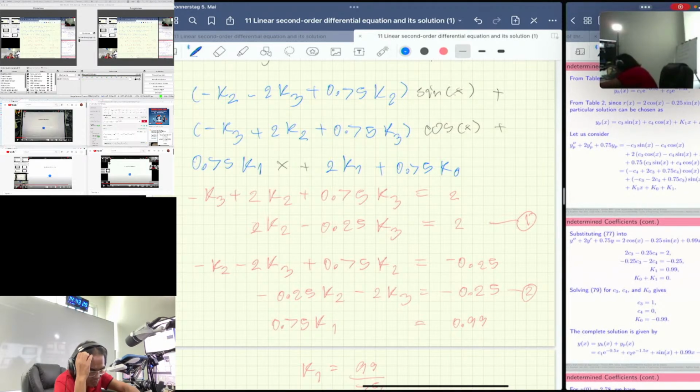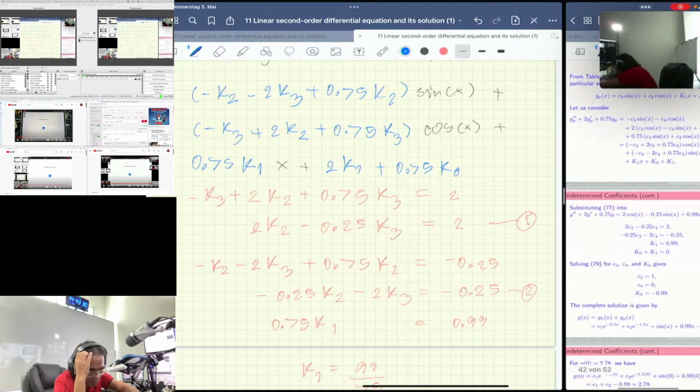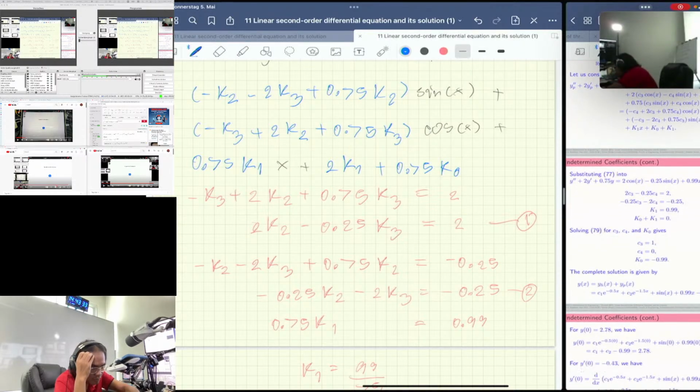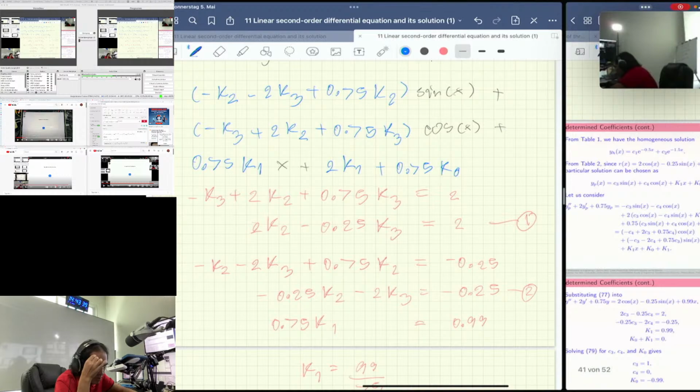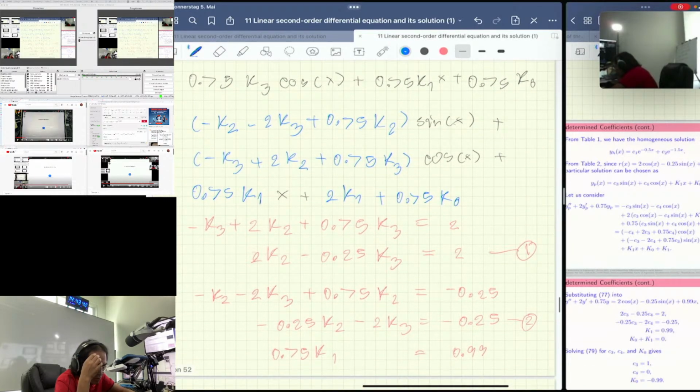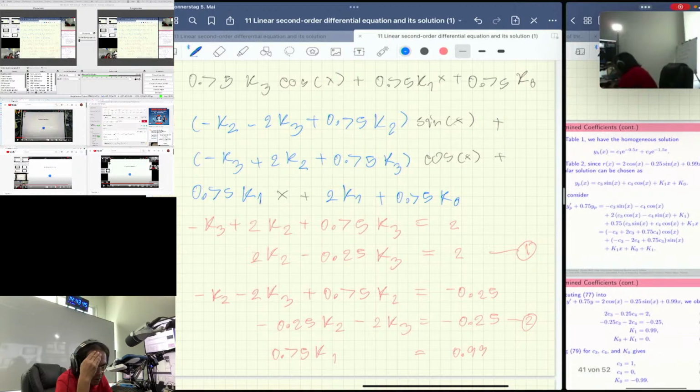K0 will be negative K1. The constant term will be 2K1. Oh, they are completely wrong. 2K1 plus 0.75 K0. Oh, they are completely wrong. And the last one. No. To be 0.75 K0, 2K1.